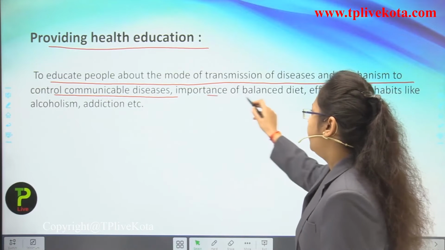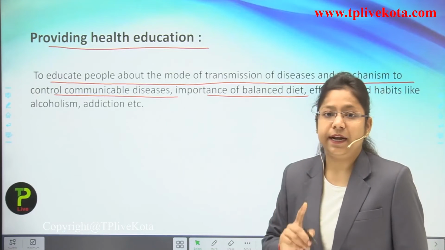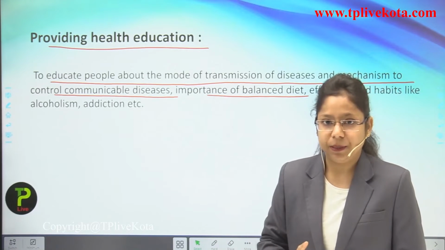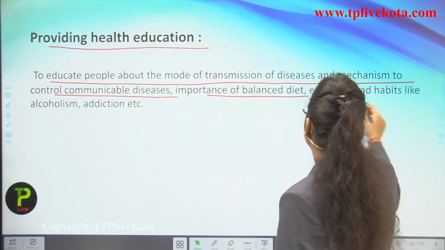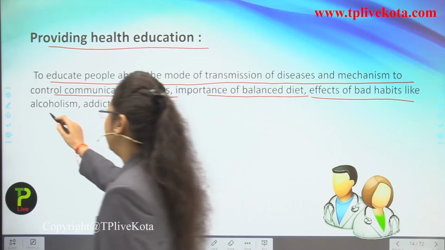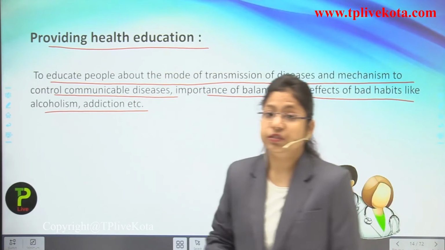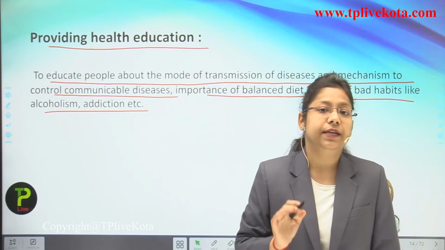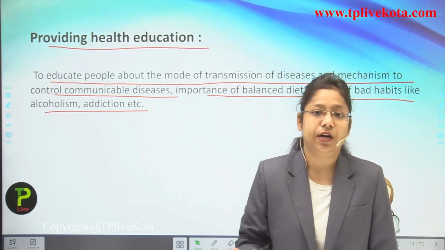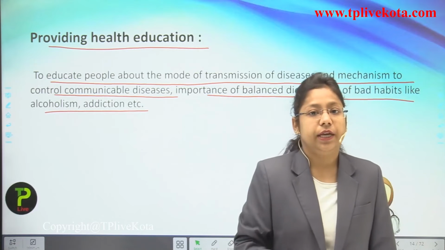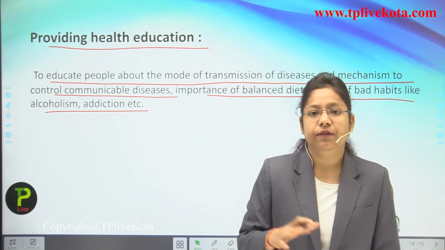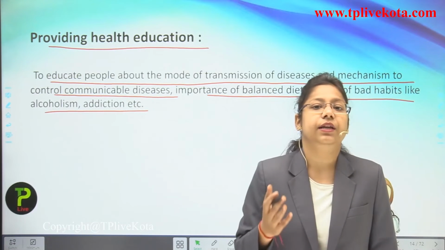Okay, importance of balanced diet, balanced diet should be taken properly by the people of a particular society. Effects of bad habits like alcoholism and addiction, so this is very important. If a person's body is addicted towards any kind of drug or alcohol, okay, like smoking, so their body will get degraded and immune system will get reduced.